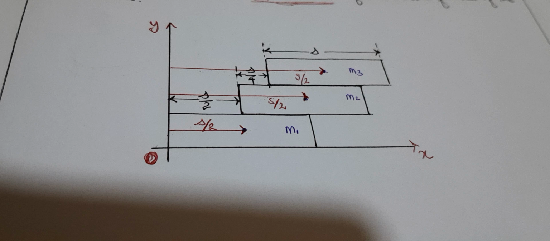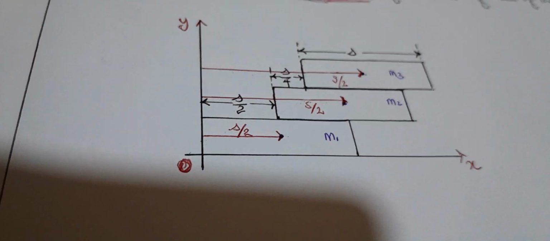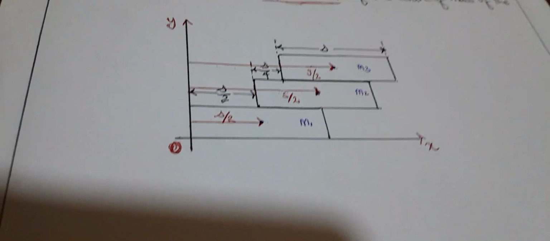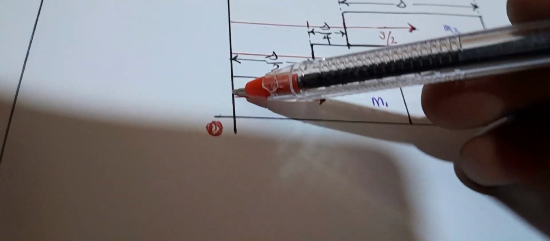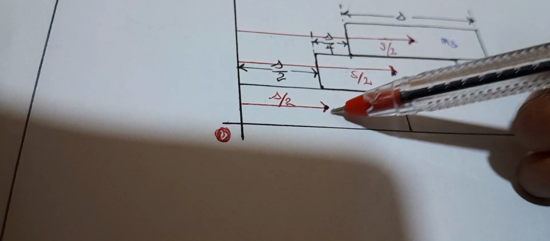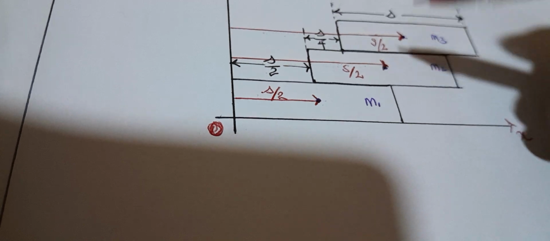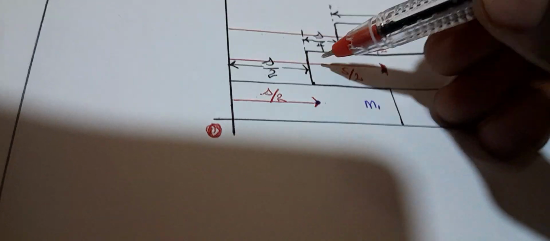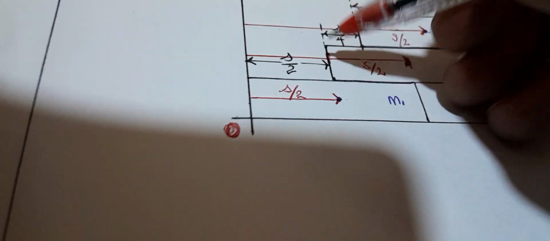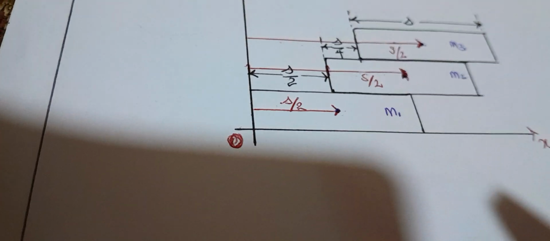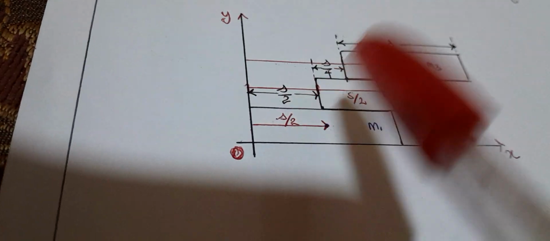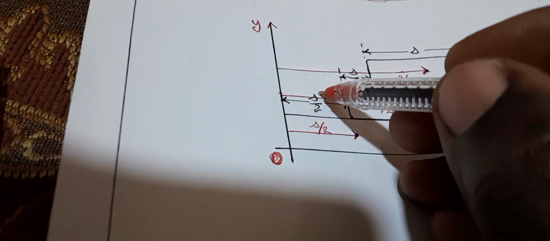The next thing is to find the remaining length. If from here to here is S over 2, and from here to here is S over 2, what is the distance from here to here? It's a good thing we're already told it's S over 2.